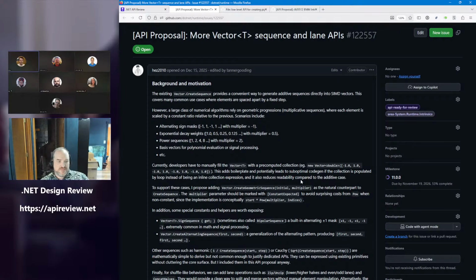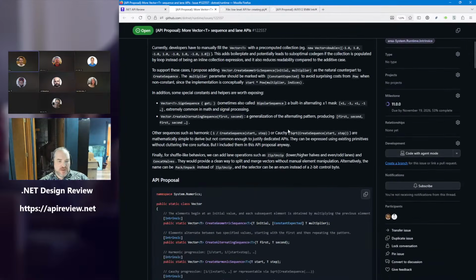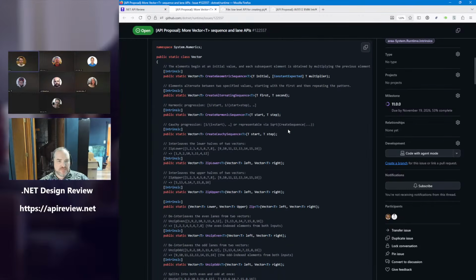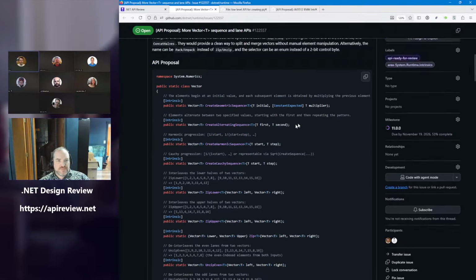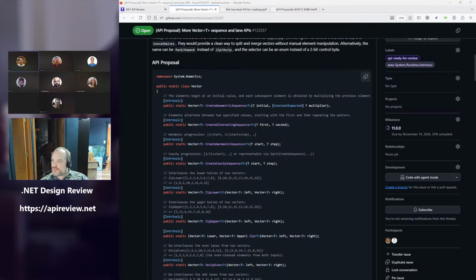We previously exposed create sequence, which allows you to specify the starting amount and the step amount. There's some other common sequence types that users end up needing. And while you can roll your own for some of the fixed size vector types, doing it with vector of t, which is variable sized, really needs a built-in helper API.